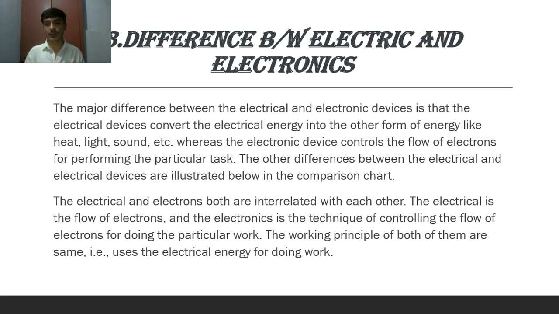Difference between electric and electronics. The major difference between electrical and electronic devices is that electrical devices convert electrical energy into other forms of energy like heat, light, sound, etc., whereas electronic devices control the flow of electrons for performing a particular task.